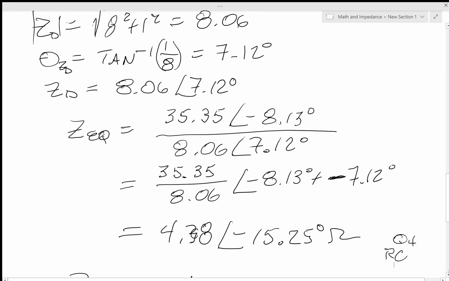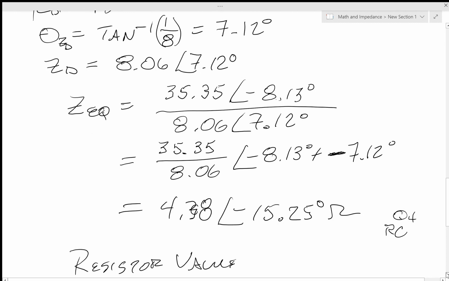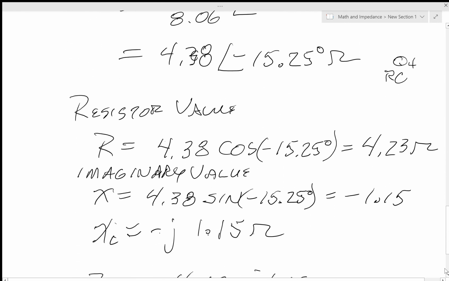So here we go. I'm going to change it back into rectangular format. I find the resistor value by taking the magnitude of Z and multiplying it by the cosine of minus 15.25 degrees, and I get a 4.23 ohm resistor. Then I still don't know for sure what the X is, but I'm going to find X, the opposite value.